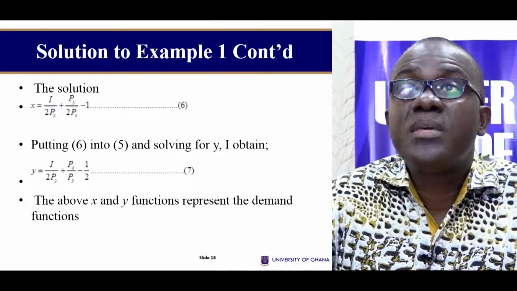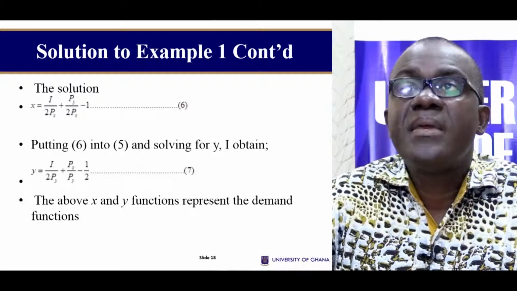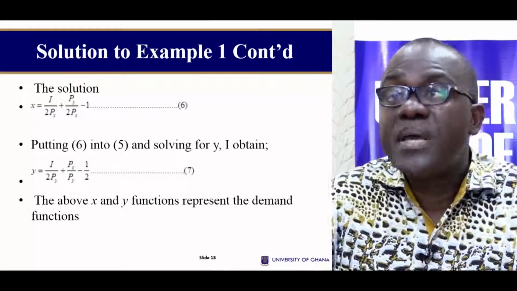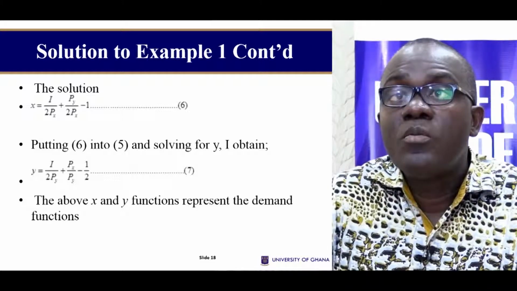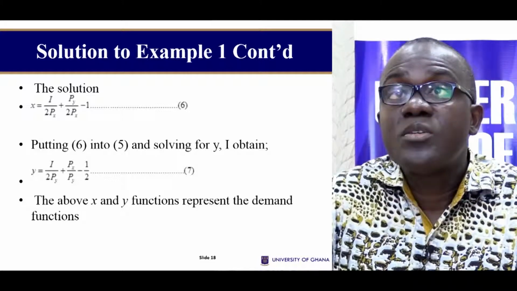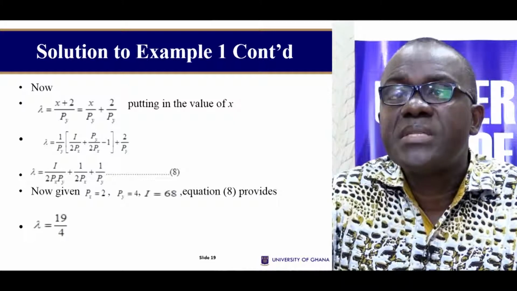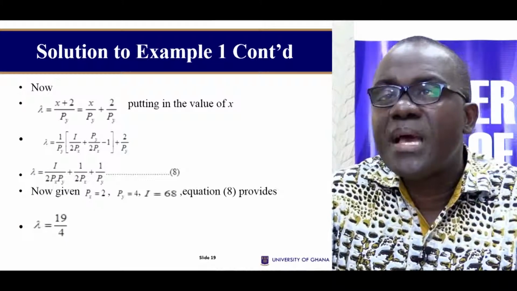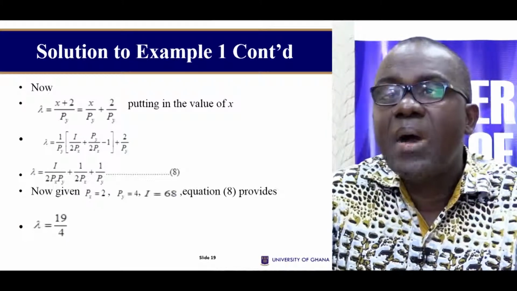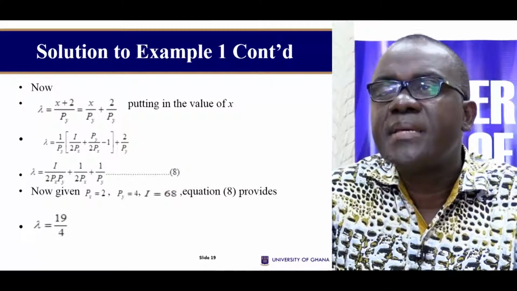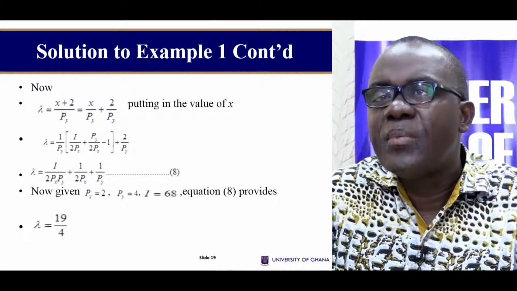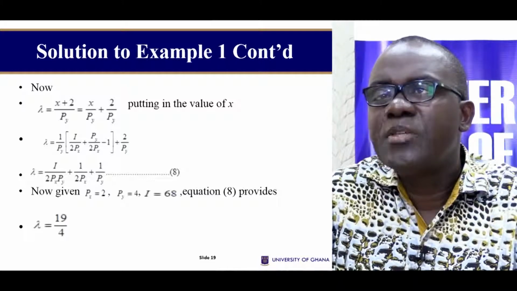We get this one to be our demand, expressed in terms of P1, P2, and I. In the case of Y, our demand is expressed in terms of P1, P2, and I. So what happens is that our Lagrangian is here, and we have been given our P_X here to be 2, and then we have our income, and then we have our P_Y here to be 4.